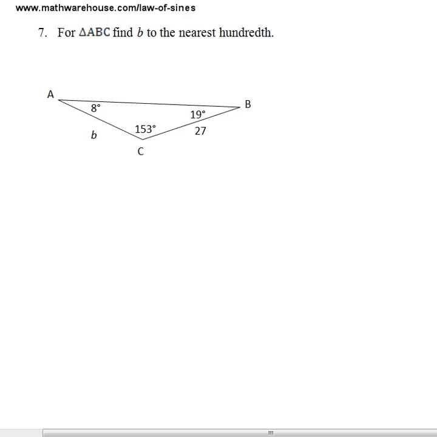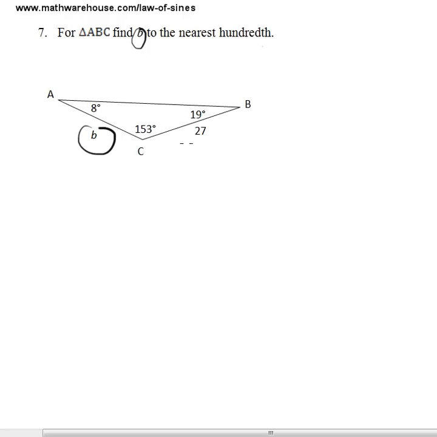Okay, this is question 7 from the worksheet on our webpage. You have triangle ABC, and we want to find B right here to the nearest hundredth. So just remember, we can put sides or sines on the top.